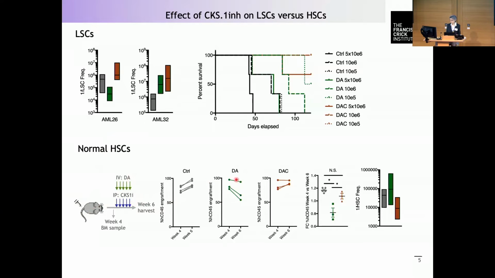He essentially showed that doxorubicin and AraC decreased the level of engraftment over time, but with CKS1 addition, we essentially maintain the pool of normal stem cells here. And if you do limiting dilution analysis, you can essentially read out the frequency of normal stem cells, and you can see that indeed we protect the normal stem cell pool more by this addition of CKS1 inhibitor.